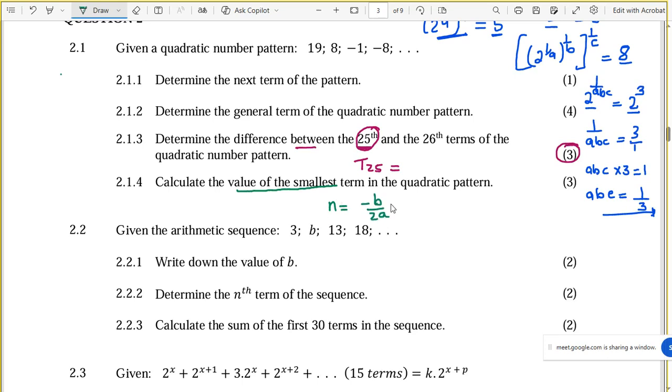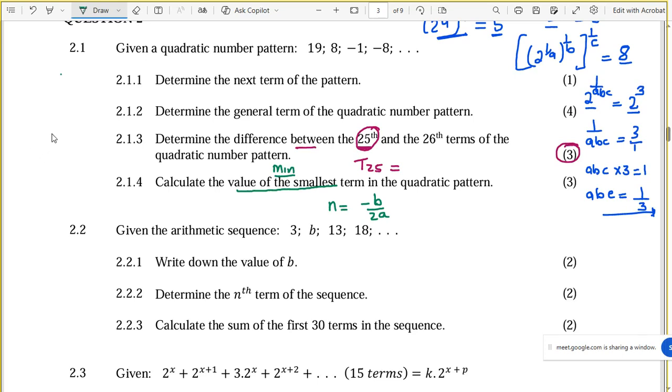So I think always when we find the smallest value, we use that. But I want to teach you guys something. I can change the question and say the minimum value, and when I see the word minimum, it tells me that I must take the original equation.